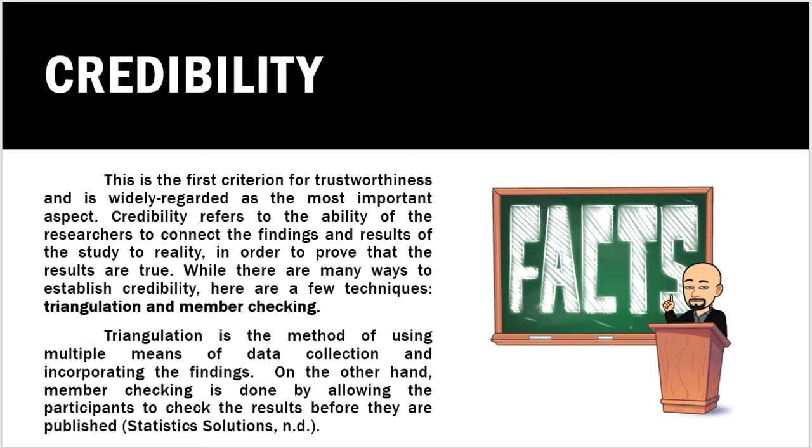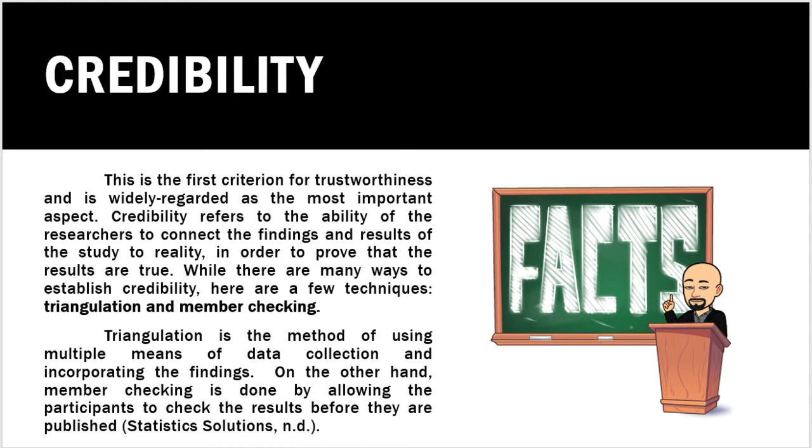On the other hand, member checking, the second technique, is done by allowing the participants to check the results before they are published. So sometimes when we get excited, we immediately publish the results without consulting the participants first. We have to make sure that their preference in terms of the extent of publishing their statements is respected.